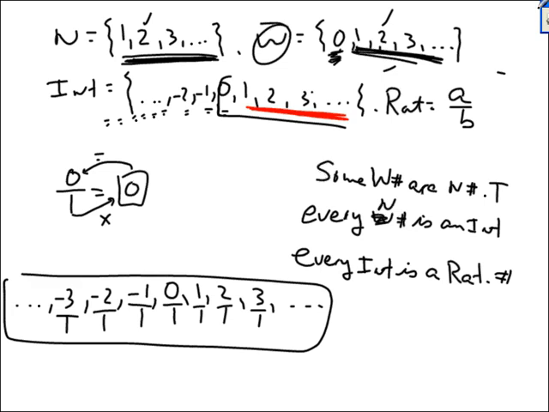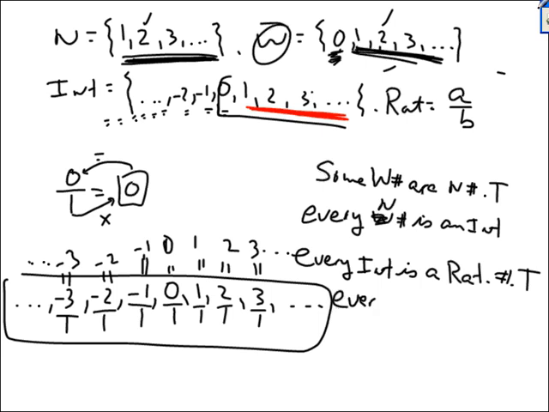It's 3 and 2 and 1 and 0 and negative 1 and negative 2 and negative 3, etc. It's the integers. Every integer can be written as a division of two integers, where the bottom number is not 0. That makes it rational. Every integer is a rational number.